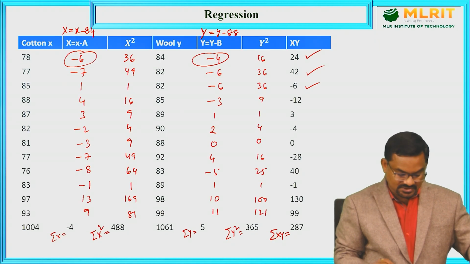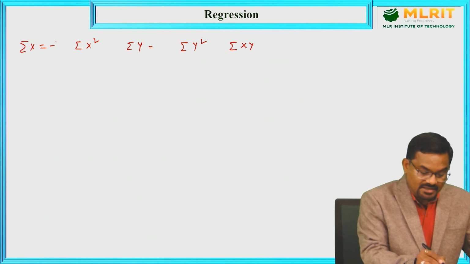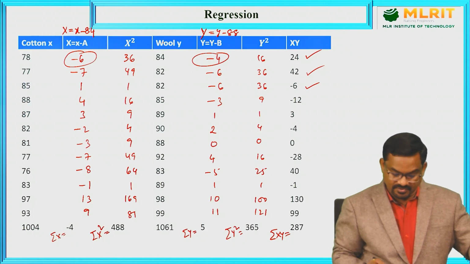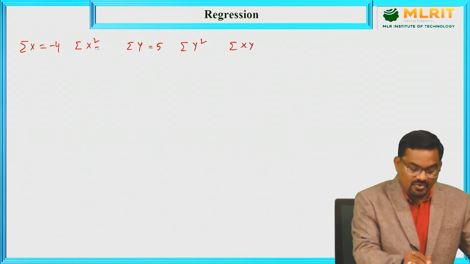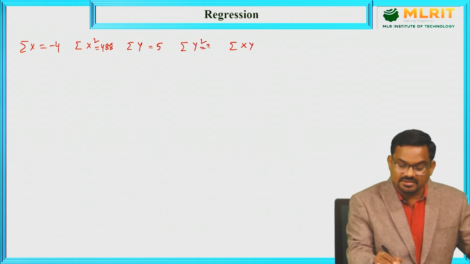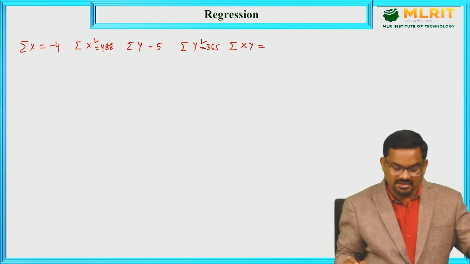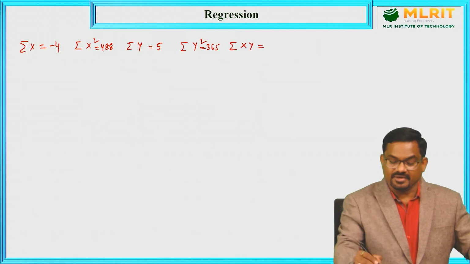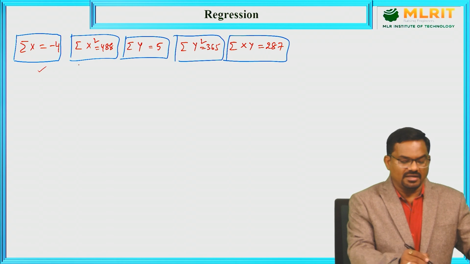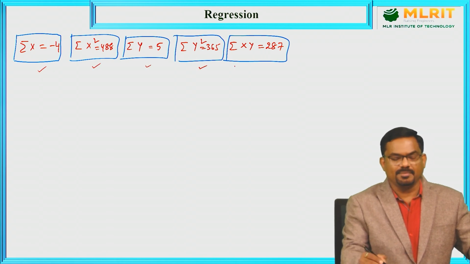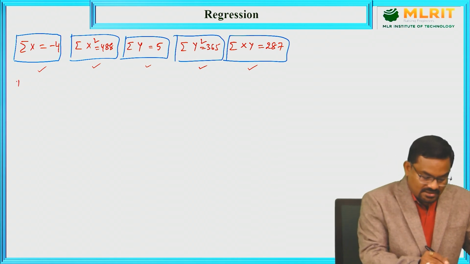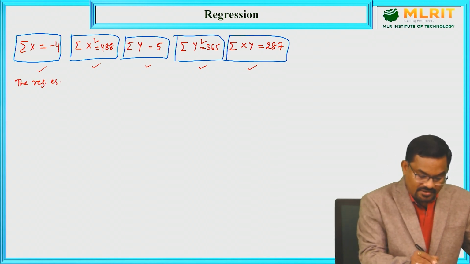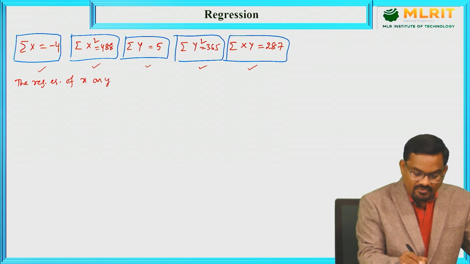So, here sigma capital X is minus 4 and sigma capital Y is 5, x square is 488, y square is 365 and sigma xy is 287. So, these are the values that we have calculated by constructing a table. Now, first the regression equation of x on y.